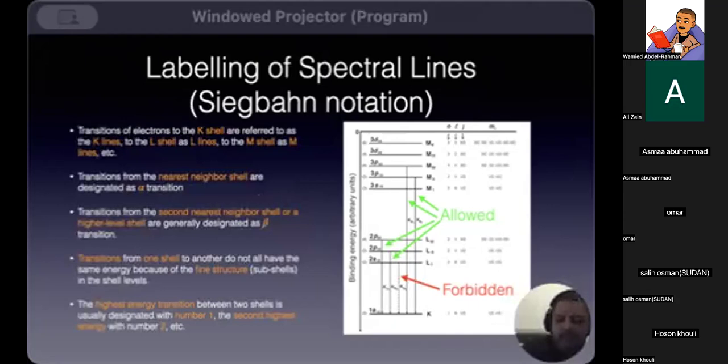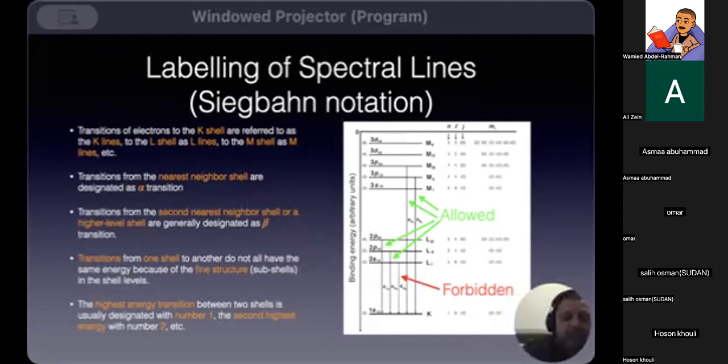So if we have a vacancy in the K shell, all the possible lines for these transitions, the energies of these lines, are called K lines. If we had a vacancy in an L shell, then the energies of the possible transitions are called L lines, and so on.